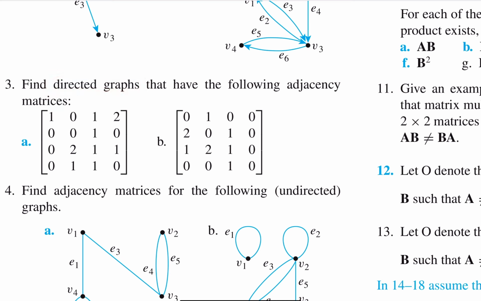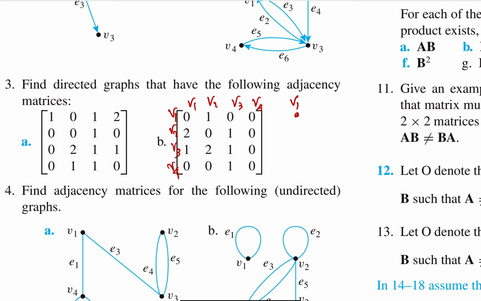Now you have V1, V2, V3 and V4. At V1 we don't have anything.